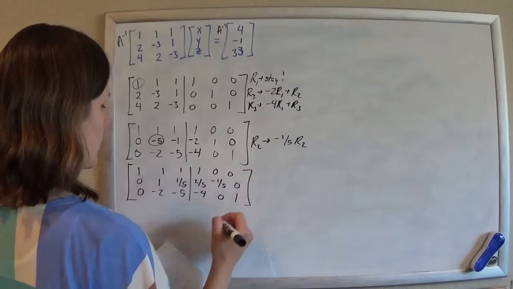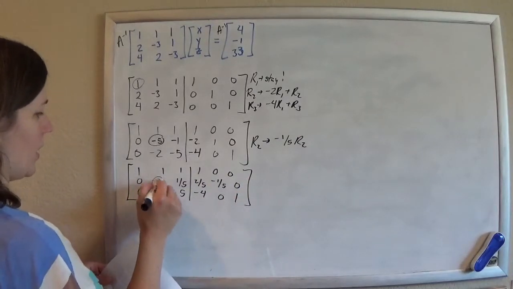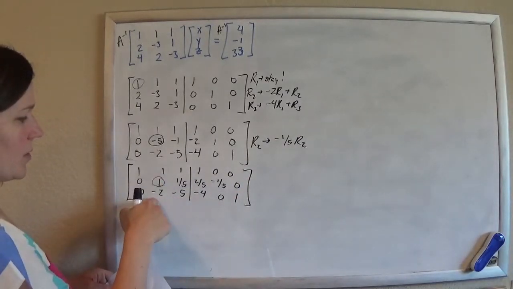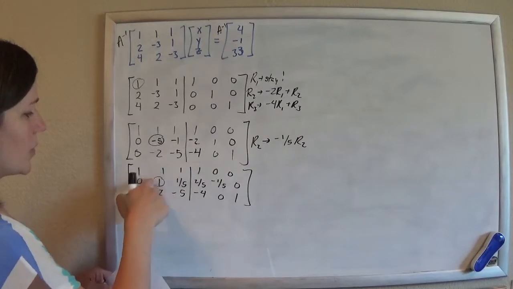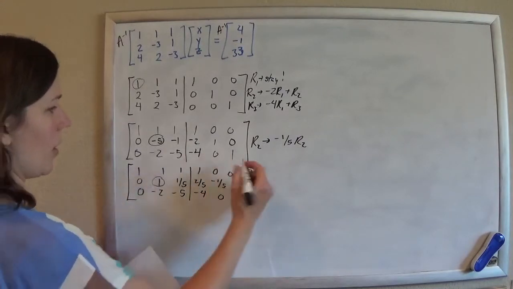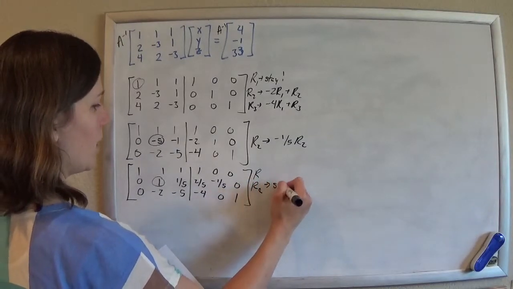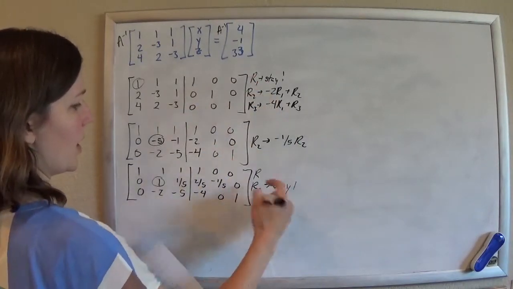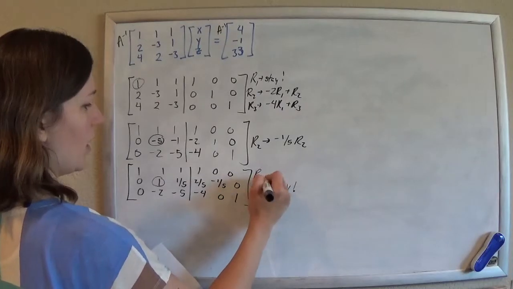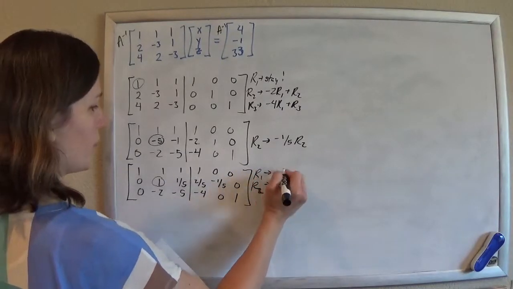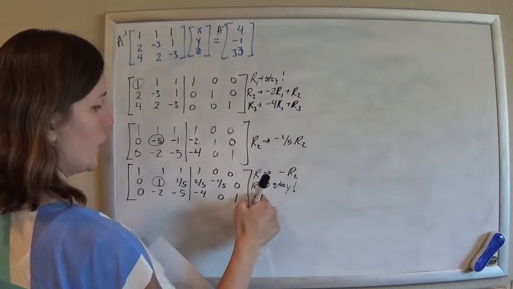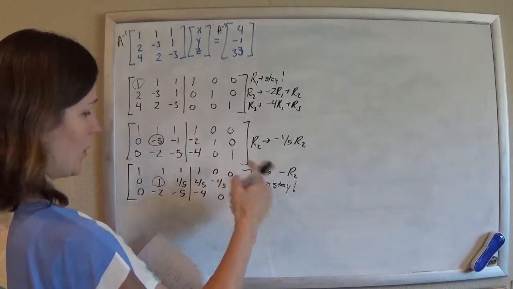Alright, so now that we have that 1 there, use it to get the zeros there and there. The first one's going to be very nice. First it was R1 that's staying, now it's R2 that's staying, and R1 is going to become negative row 2. I'm going to use the one that's staying to make my 0.